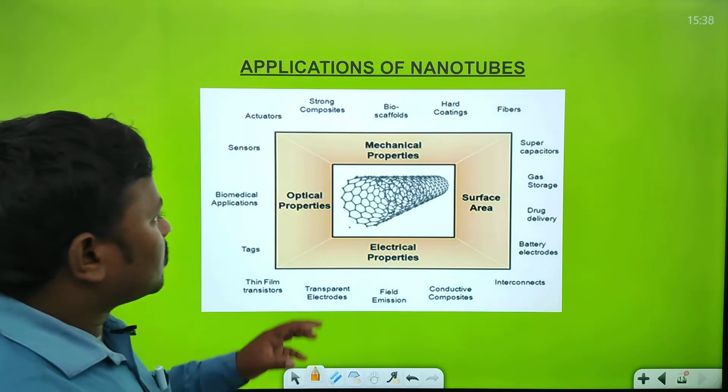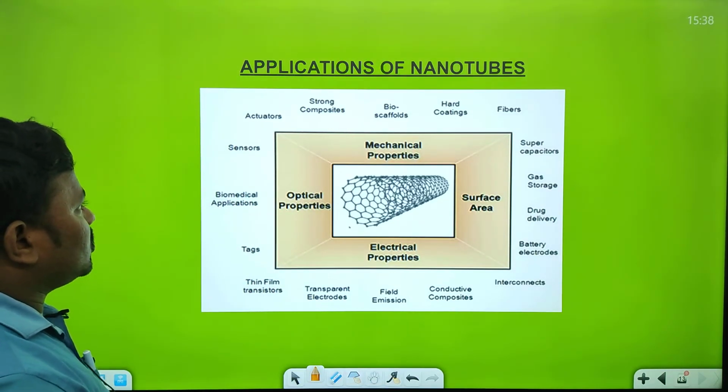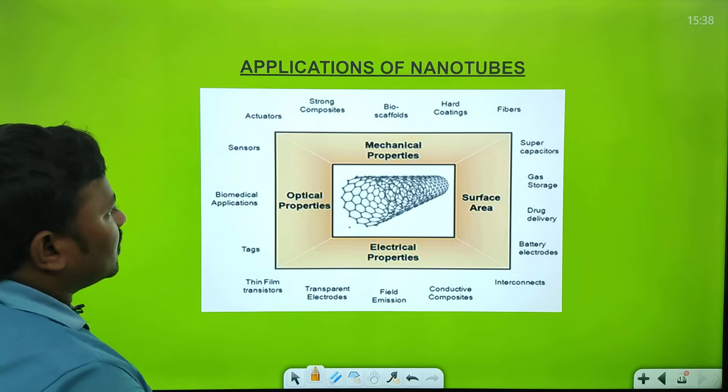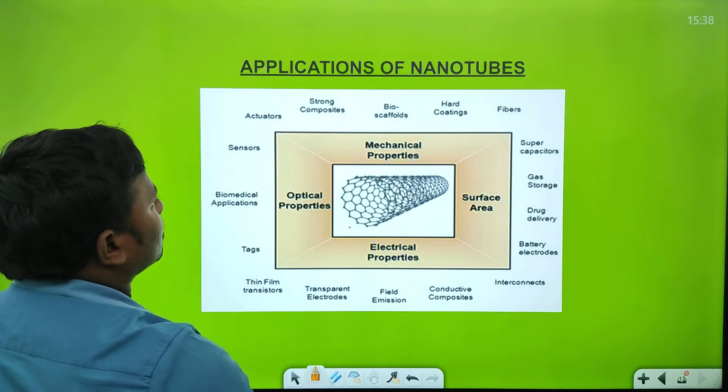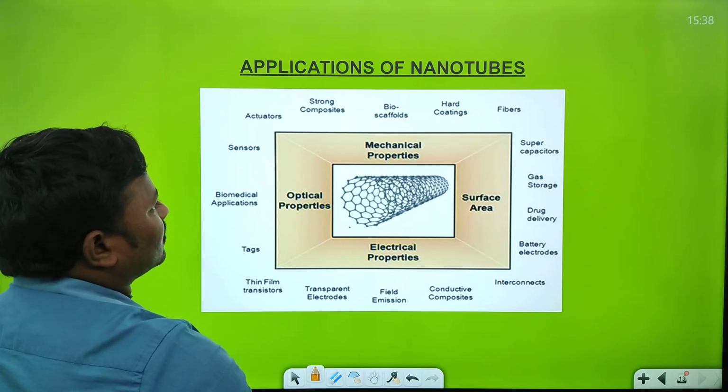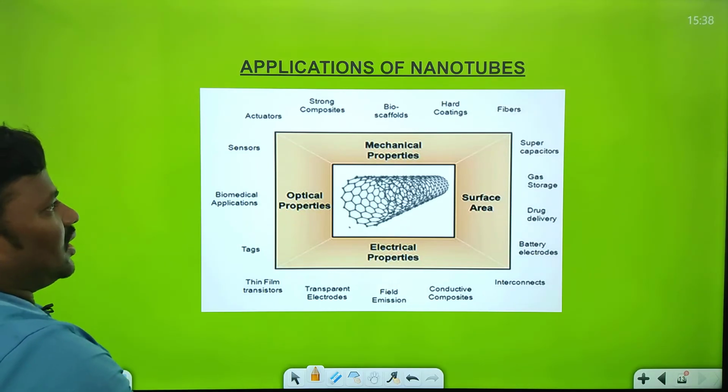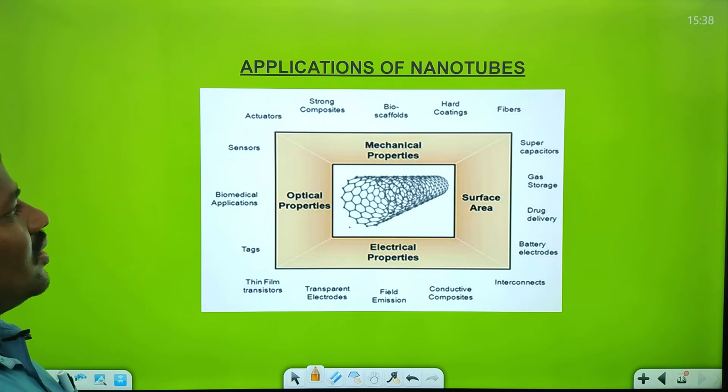So what are the applications of nanotubes? First, the mechanical properties: strong composites, bio scaffolds, hard coatings, and the preparation of fibers.